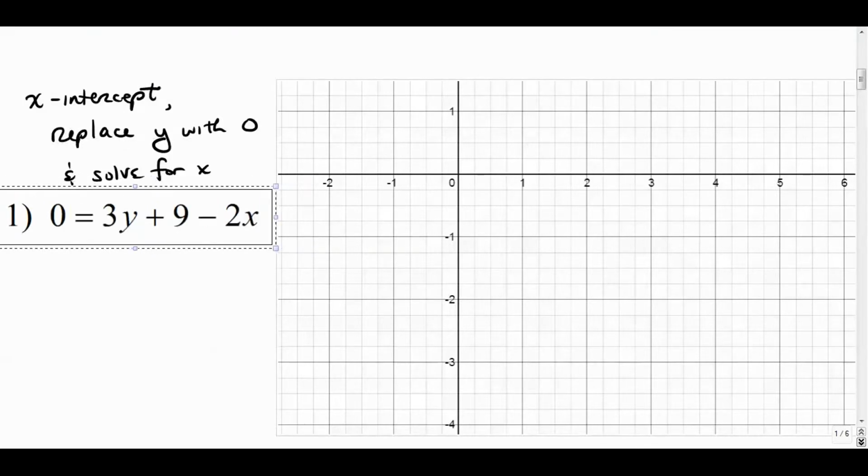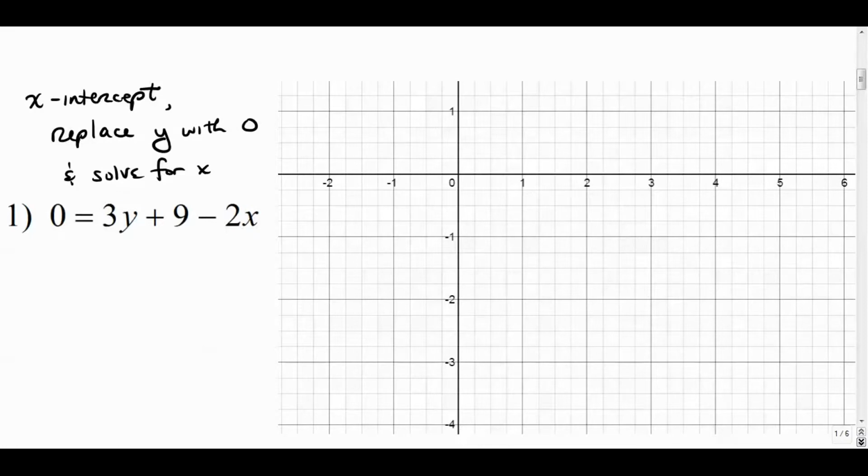I'm going to bring the equation down here, and to find the x-intercept, just simply replace the y with 0. So 0 equals 3 times 0 plus 9 minus 2x. 0 is equal to 3 times 0, which is 0, plus 9 minus 2x.